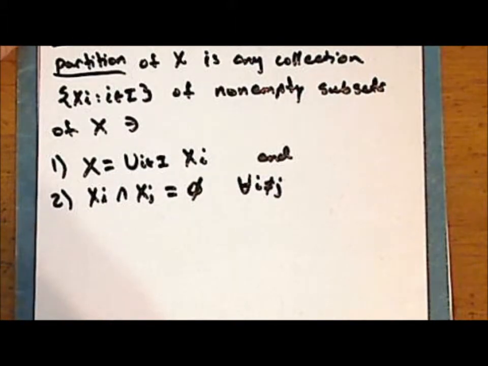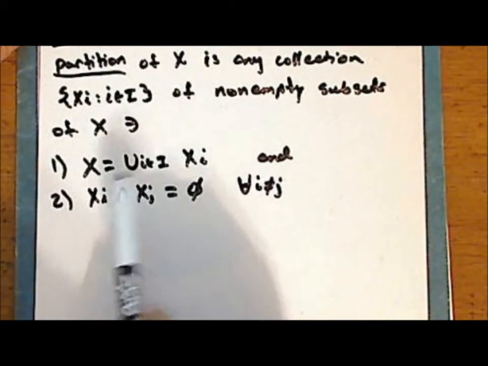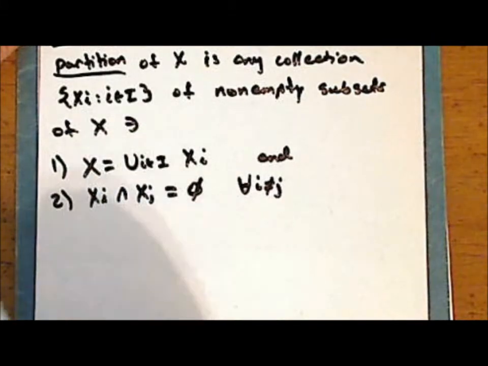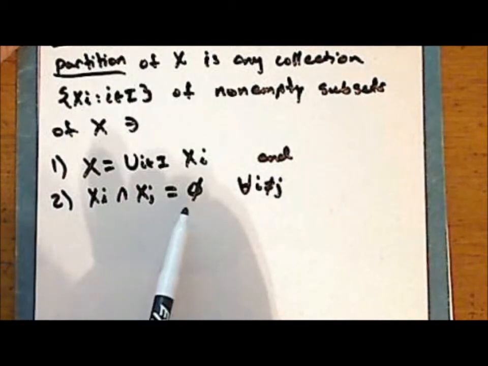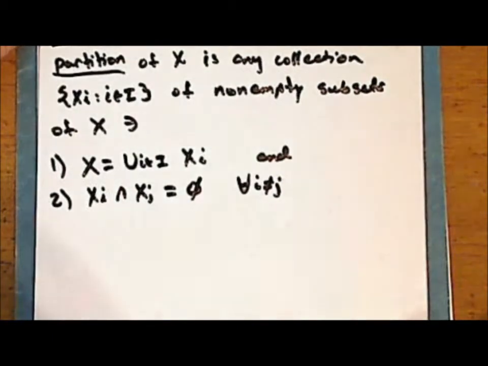So again, a partition of a given set X is any collection of subsets for which the union of those elements is the entire set, and each of those elements are pairwise disjoint. They have no elements in common.